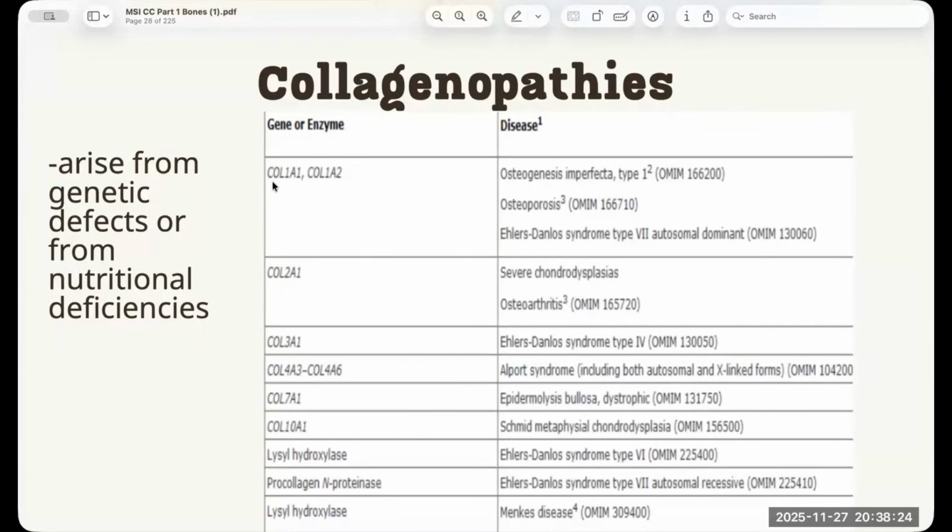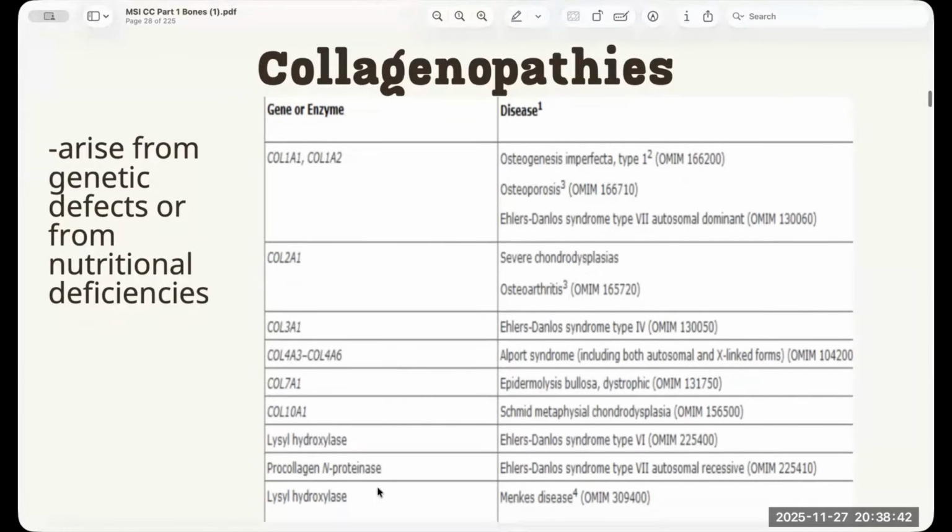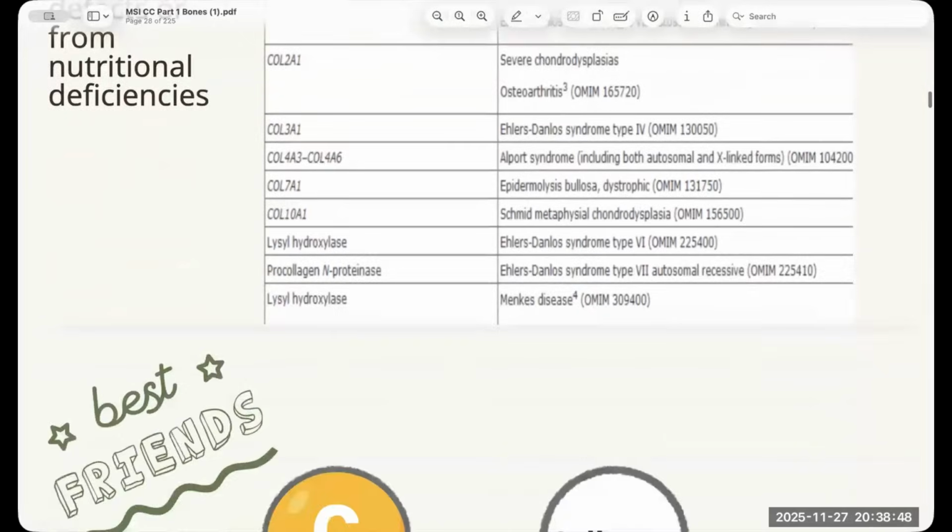But basically, COL1A1 and COL1A2 are for osteogenesis imperfecta, osteoporosis, and Ehlers-Danlos. The others are for osteoarthritis, and so on. I believe those are not very important. Lysyl hydroxylase is important for Menkes disease. We'll be covering it too.